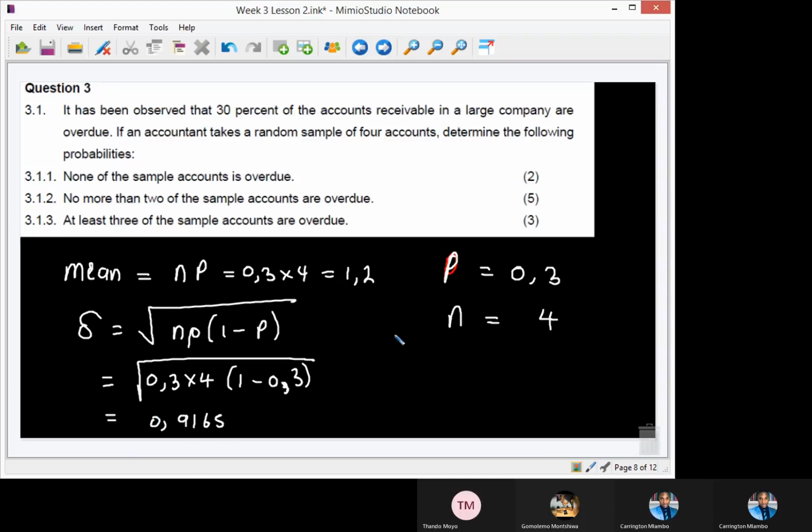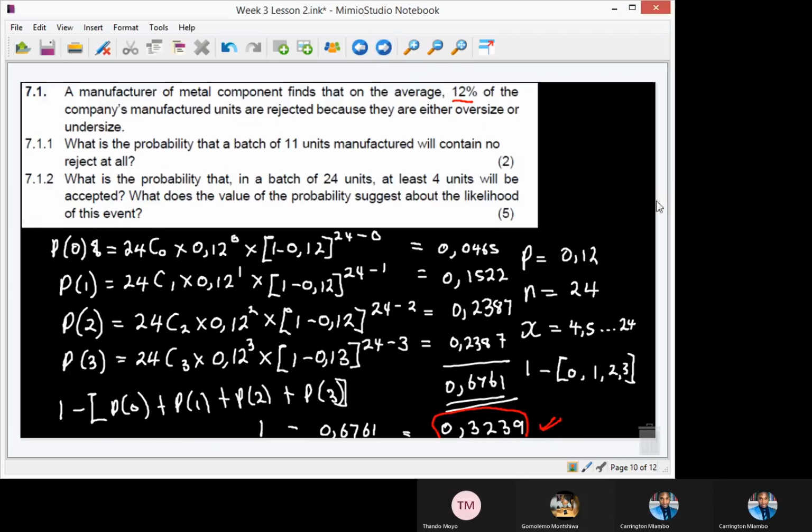Easy as that, right? That's what they can ask of you. Say calculate this, calculate this. Right, any questions on mean and standard deviation? This is quite simple, right? So it's the same thing.